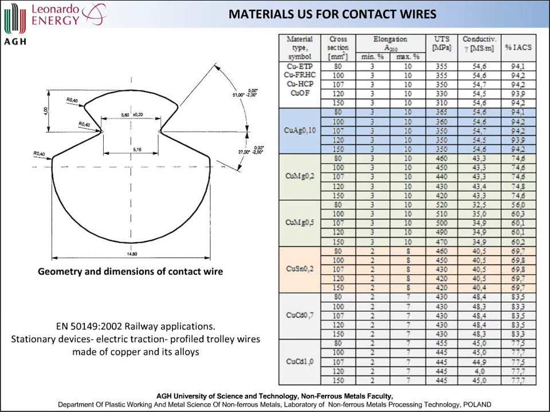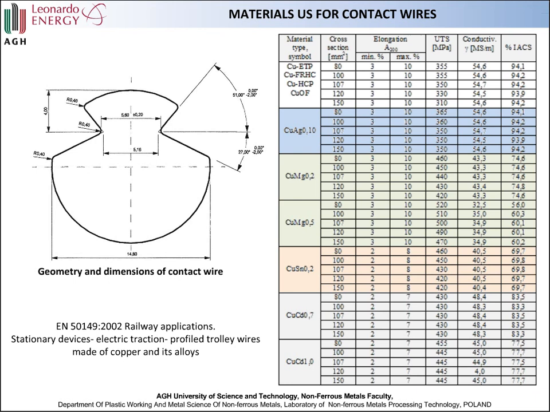In the same standards, we can find information about possible copper alloys that can be used to produce contact wires. In general, we have pure copper, and copper with addition of silver, which is at this point the most popular solution. Also copper with addition of magnesium, a very popular solution for AC supply systems with higher traveling speeds.